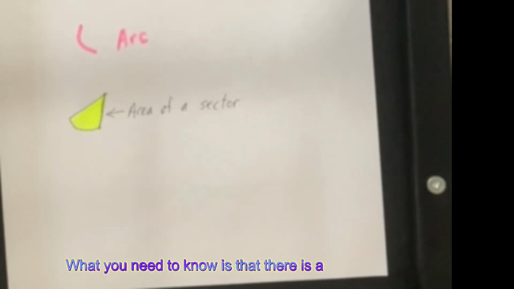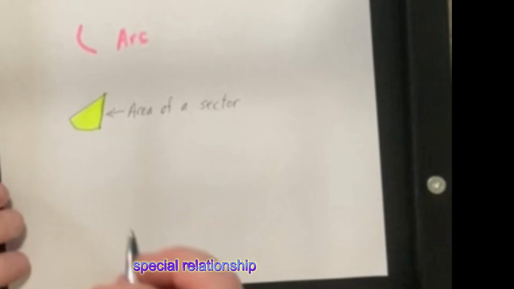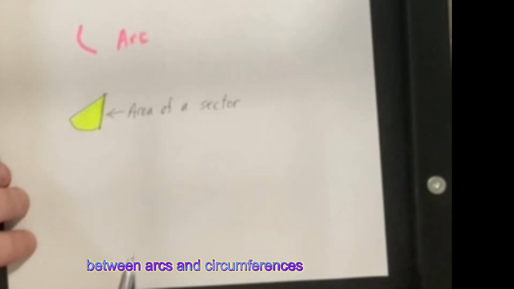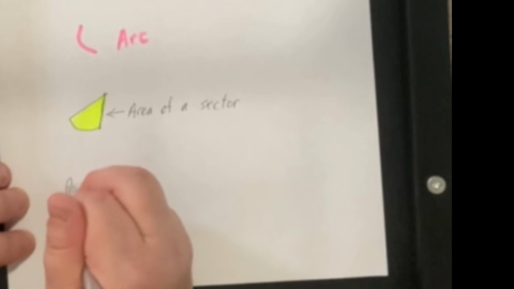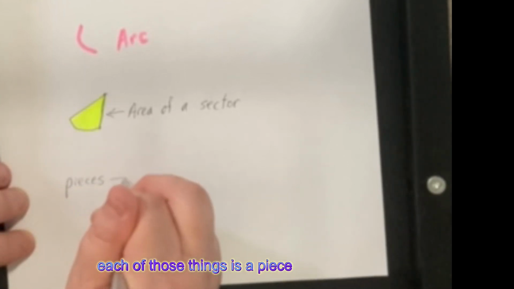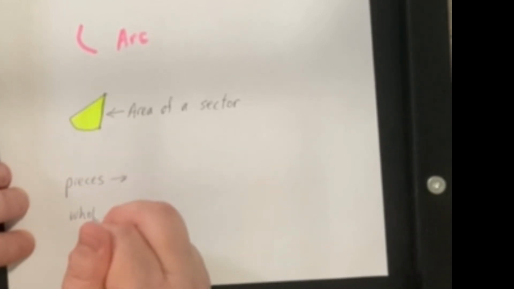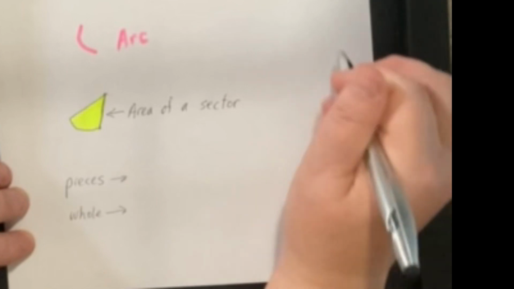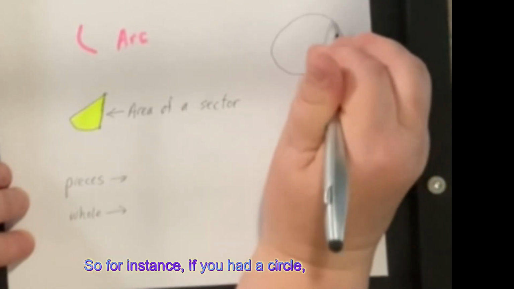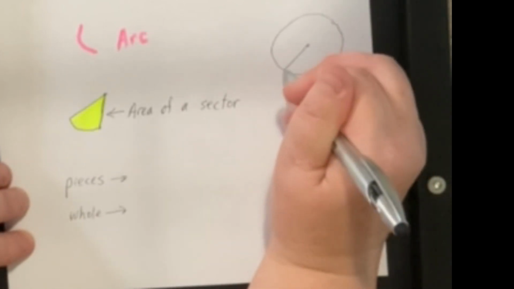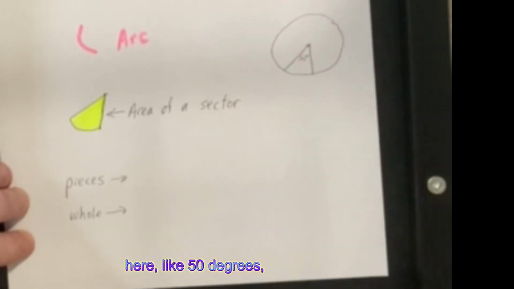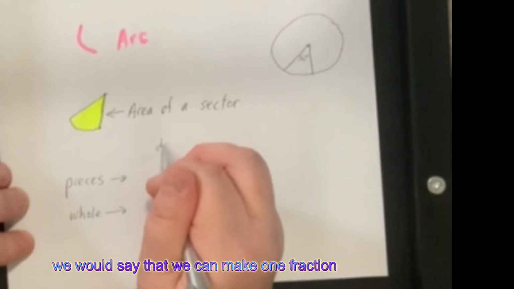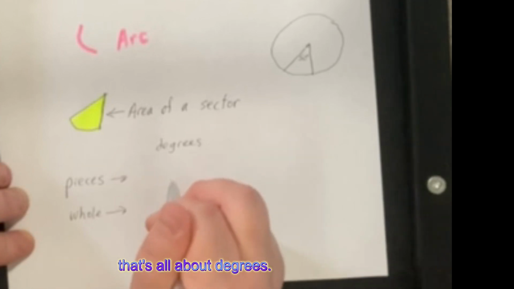What you need to know is that there is a special relationship between arcs and circumferences, and areas of a sector and areas of circles. In other words, each of those things is a piece of some kind of whole. So, for instance, if you had a circle and some central angle, like 50 degrees, we can make one fraction that's all about degrees.